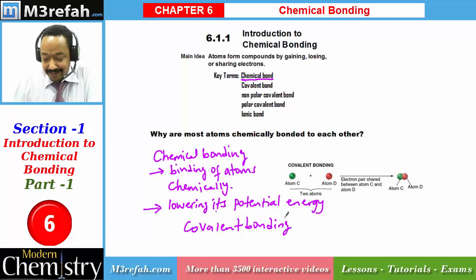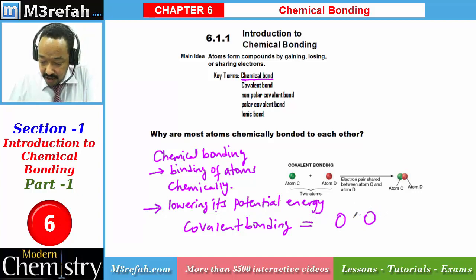This covalent bond is nothing but two atoms coming together in order to satisfy their octet rule, so that they come together and share. This is done by sharing of electrons.